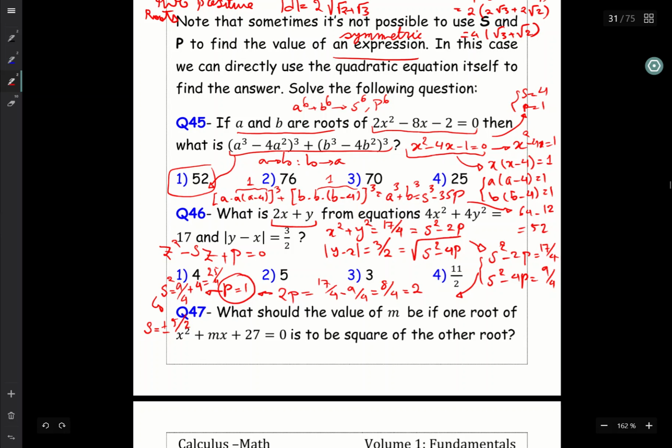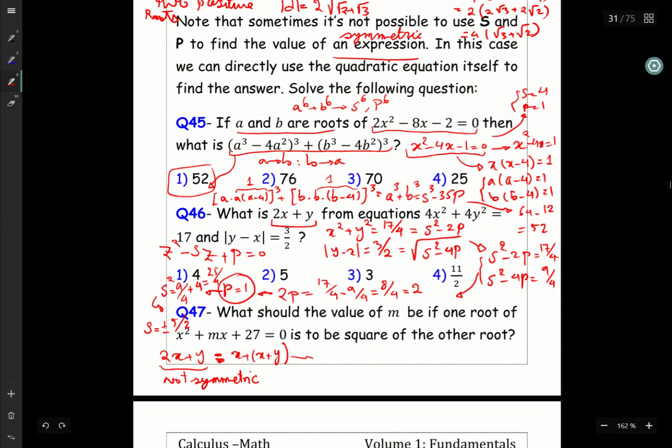And then the question is, 2x plus y is not symmetric, right? It's not symmetric. So we cannot just use s and p to find it. And we can write this in terms of x and y.